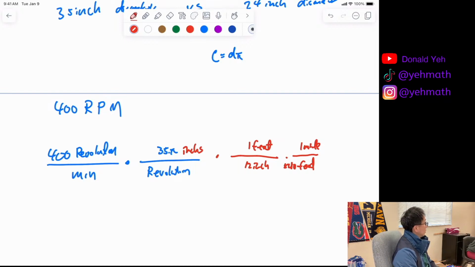Now, usually speed is what? Miles per hour, right? So what is this? This is miles per minute. So how do I change minutes to hours? 1 per 60. So 60 on the top or 60 on the bottom?